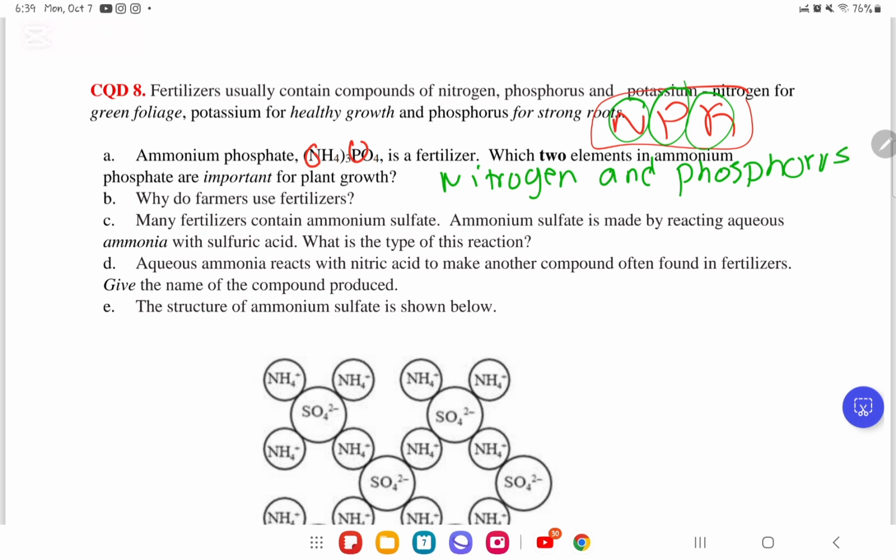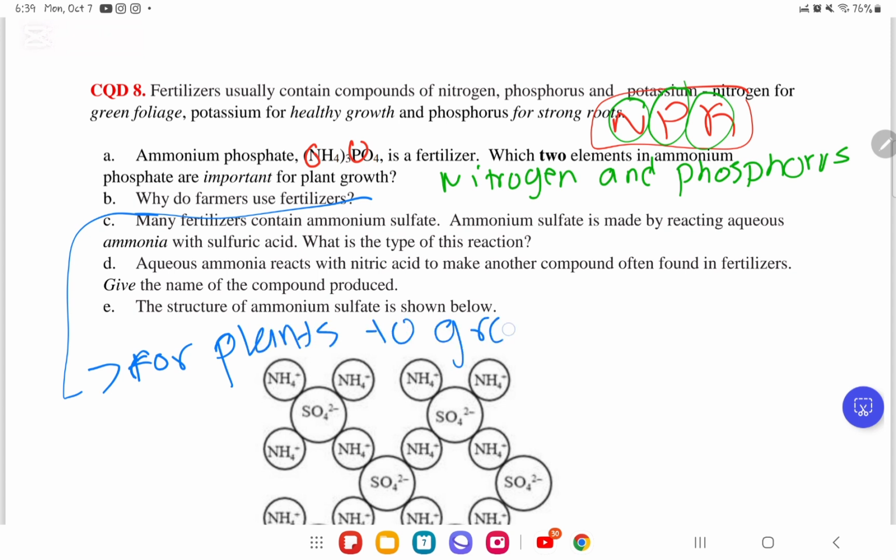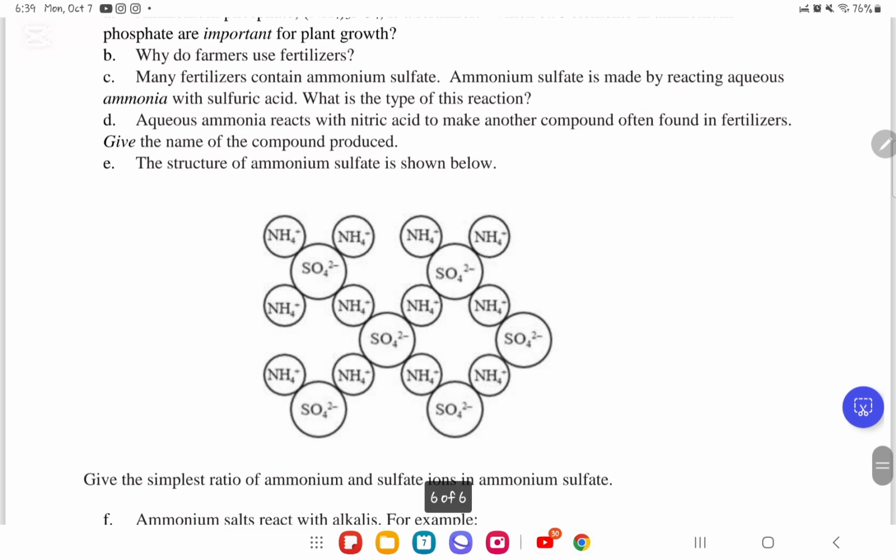Now part B. Why do farmers use fertilizers? Again, many repeated times. It is for plants to grow faster. Okay. Now part C. Many fertilizers contain ammonium sulfate. Ammonium sulfate is made by reacting aqueous ammonia with sulfuric acid.